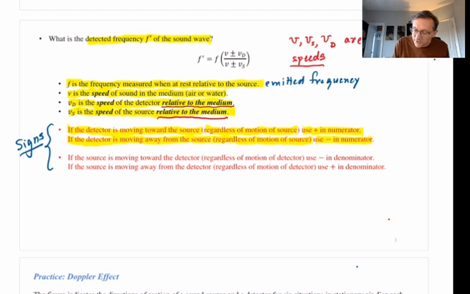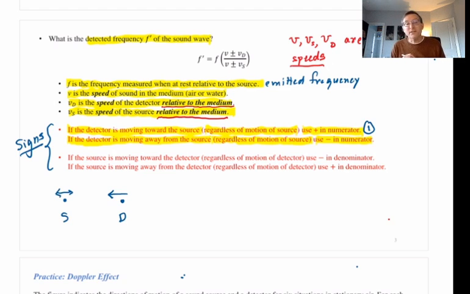Let me draw some pictures of what that's saying. I'll use a dot to represent the source and another dot to represent the detector. And in case 1, right here, the detector is moving toward the source, so I'll put an arrow there. And I don't care what the source is doing, so I'll put a double-headed arrow there.